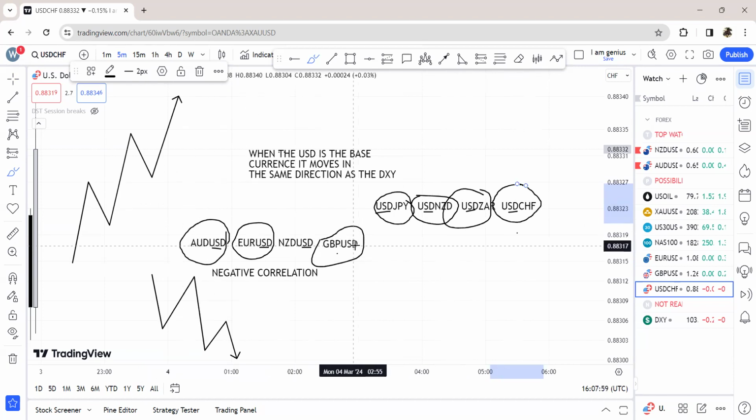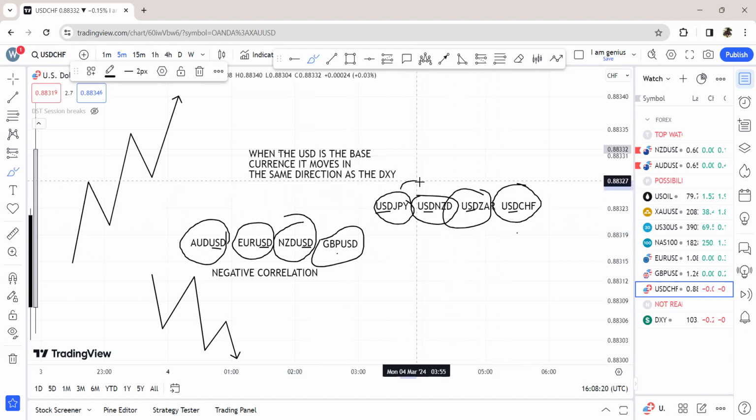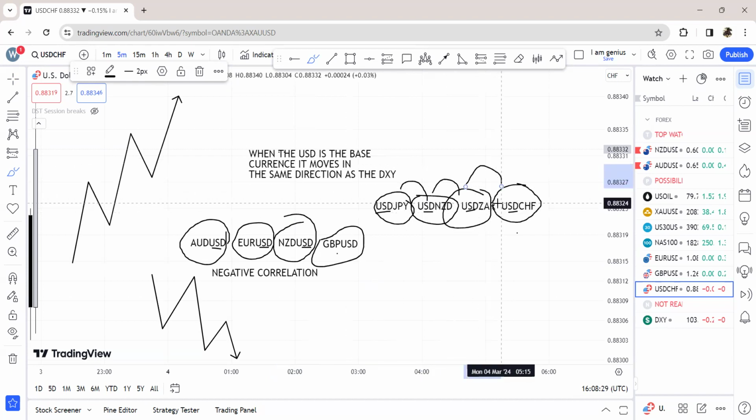If you didn't think of them moving down, you need to watch this video again so that you get the concept. So that also means that the relationship between these currencies here is that they have a positive correlation. In short, they always move in the same direction. And that only makes sense because they all have the USD as their base currency.